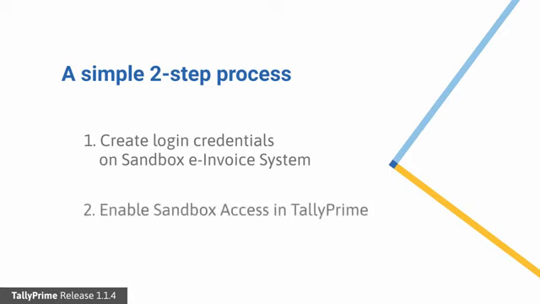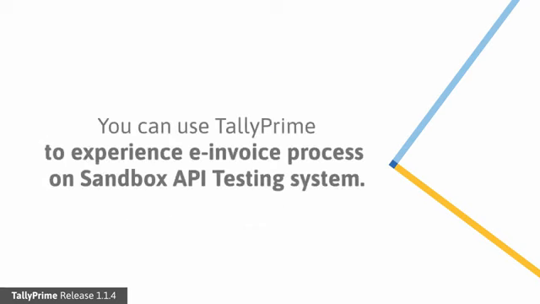And the second step is enabling Sandbox access in TallyPrime, after which you can pass a sales transaction and generate an e-invoice to experience the process in TallyPrime. As you saw, this e-invoice demo facility in TallyPrime using Sandbox system provides you with the e-invoicing experience before you go on to generate e-invoice on the live e-invoice system.